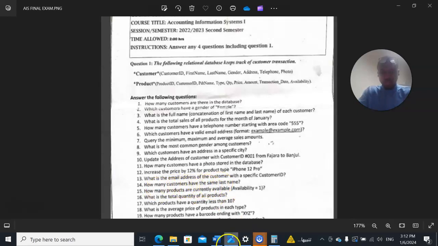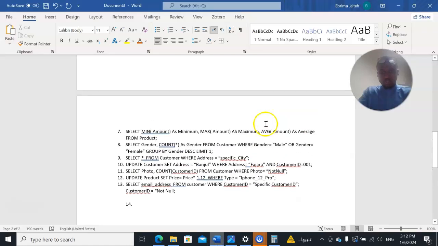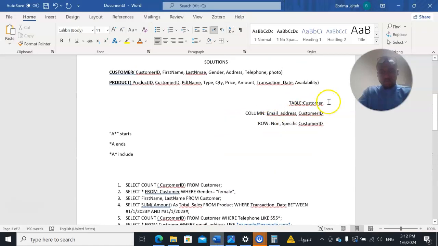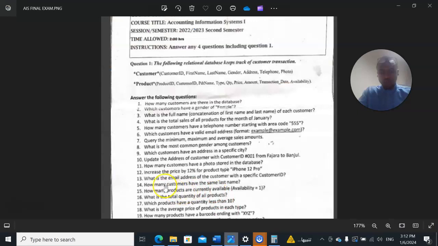So we want to identify how many customers have the same last name. Likewise, the same thing, customer table. What column do we need? We need the last name, because we are going to discuss the last name.